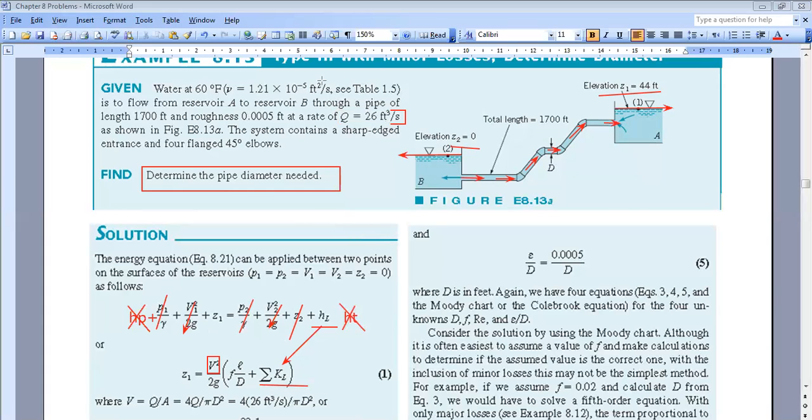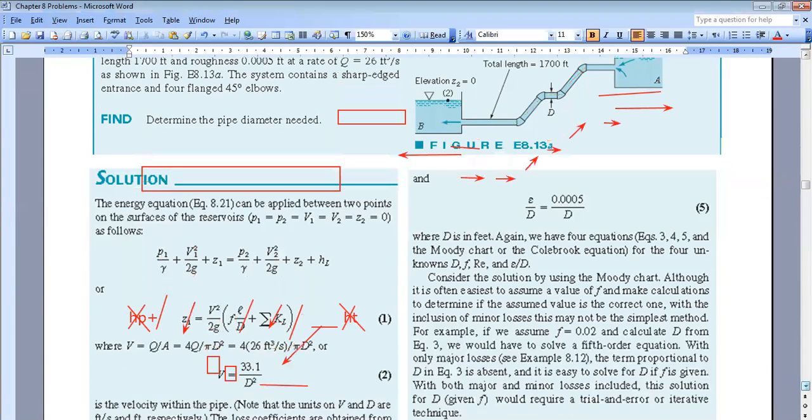Now, for the friction factor F, I also don't know it. So in my energy equation I have two unknowns, V and F. The energy equation will give you a relation between the velocity and the major loss friction coefficient. Now let us try to continue the problem.